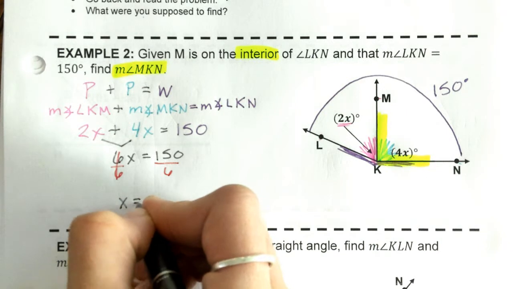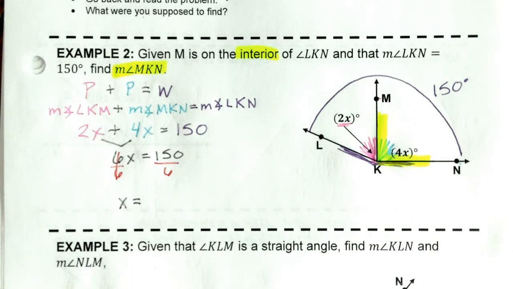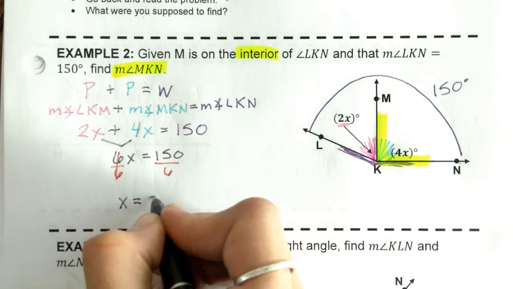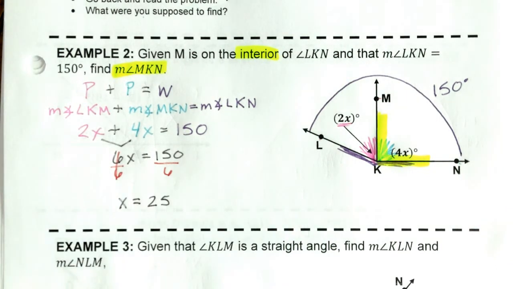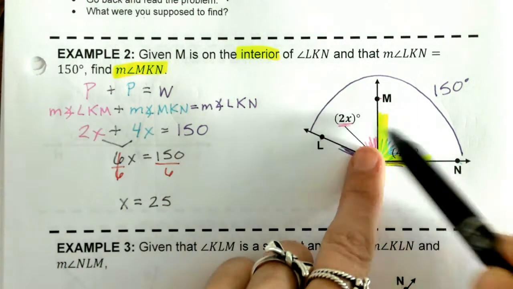I'm hearing some answers. If you divide 150 by 6, you're going to get 25. Very good question. Is this 25 degrees? I think you just answered your own question. No, because it's x, and x is not one of these.